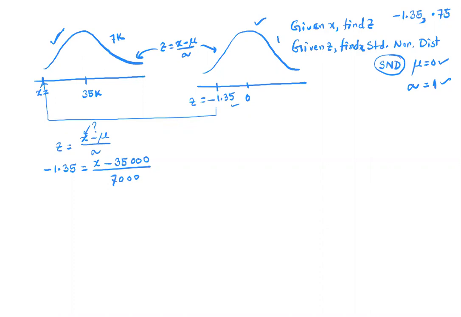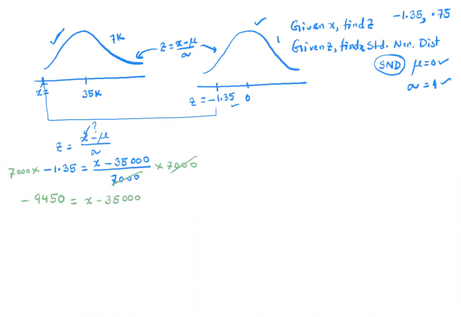Now you just need to solve for X. The way you do it is multiply both sides by 7,000. Why do I do that? So that I can get rid of the denominator. So it's 7,000 times negative 1.35, which is negative 9,450, is equal to X minus 35,000, since the 7,000s cancel out.